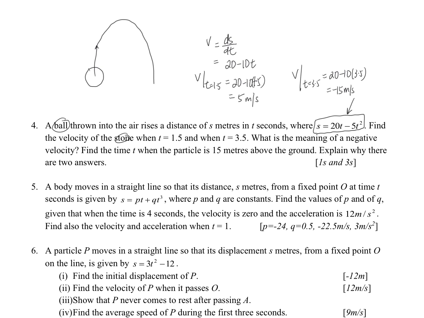Next, they say find the time when the particle is 15 meters above the ground. So meaning you want your displacement to be 15, and then we will try to solve it. So it is where time is 1 second or when time is 3 seconds.